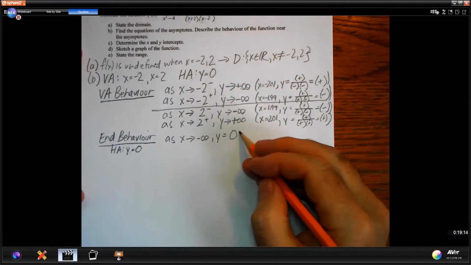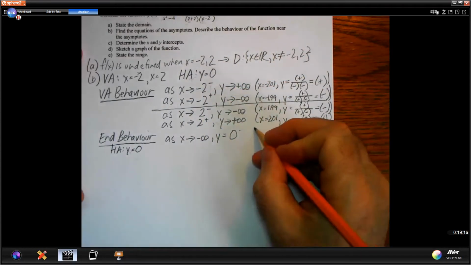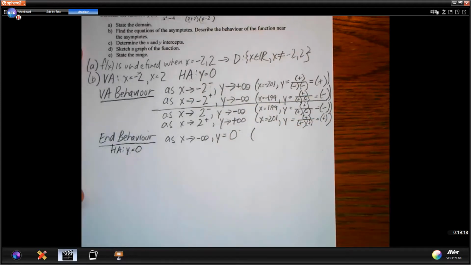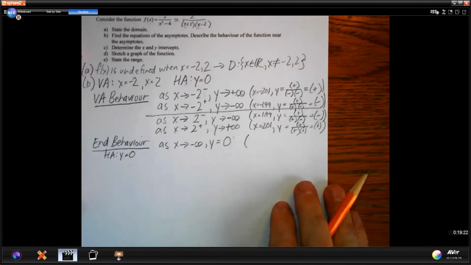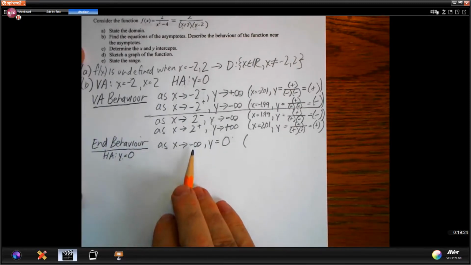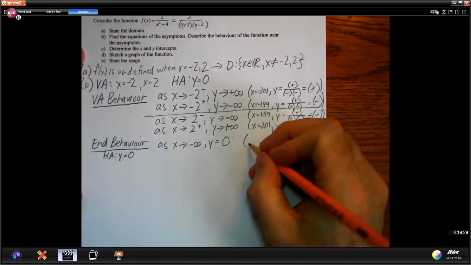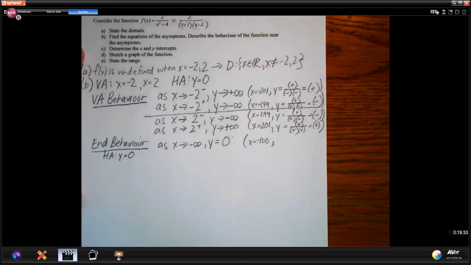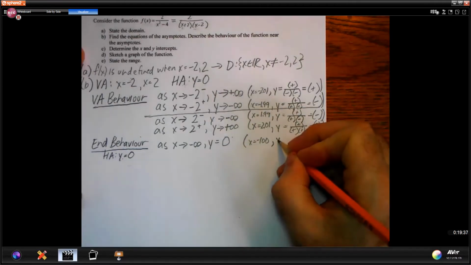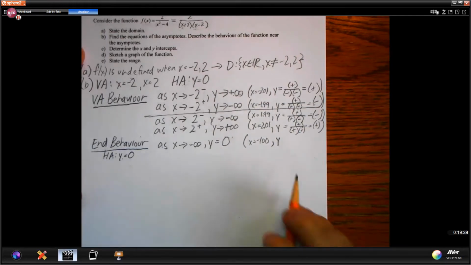Okay, and if you remember, what we did for horizontal asymptote behavior or end behavior was I just picked -100 to simulate -infinity. And that's an arbitrary choice of numbers. But now, again, I'm going to just look at the sign here.